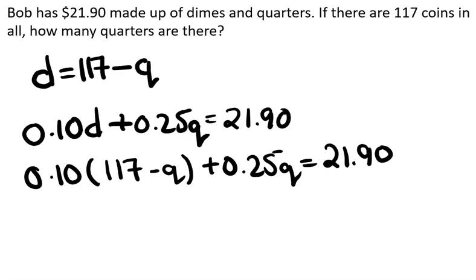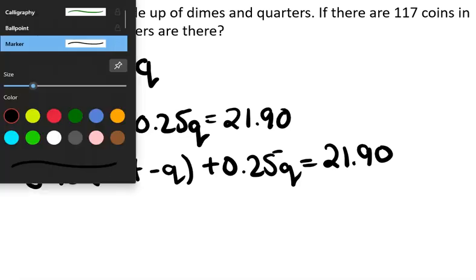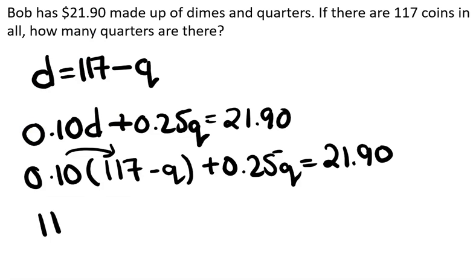Now we have to multiply 0.10 with 117 over here, which will give us 11.7.